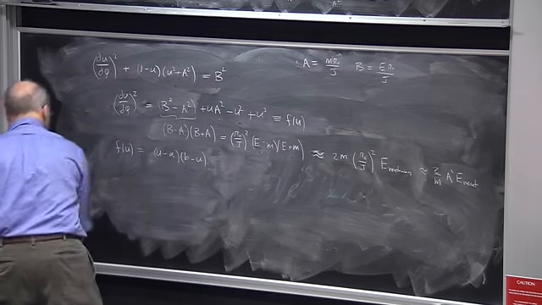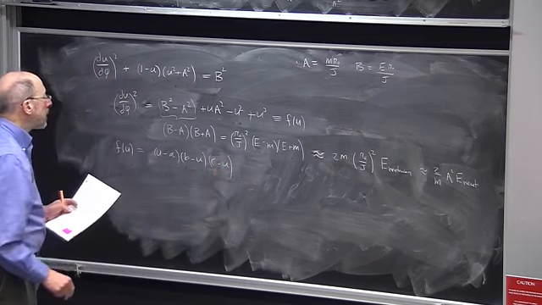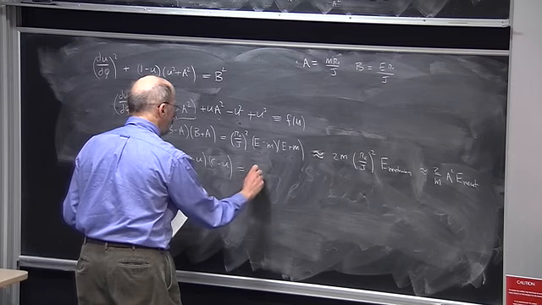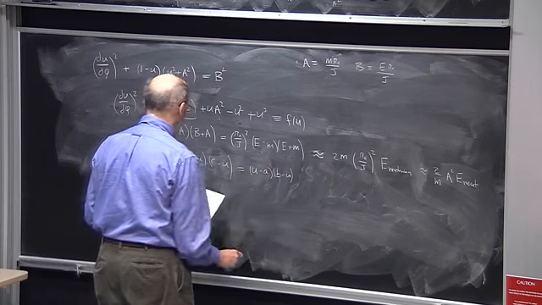Should be c minus u, because we want this to be positive when u is small. So it's equal to u minus a times b minus u times.